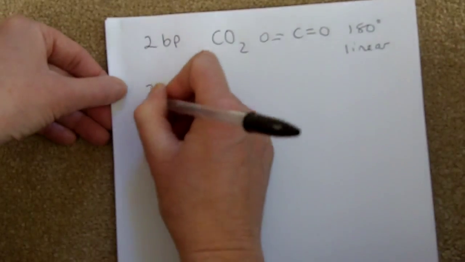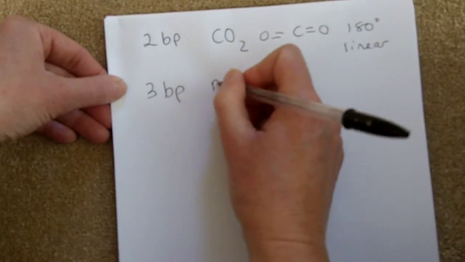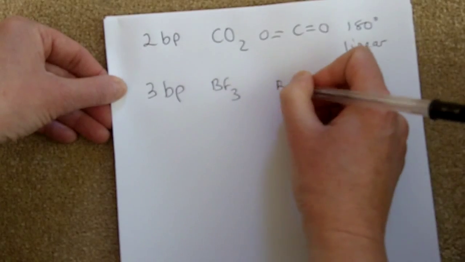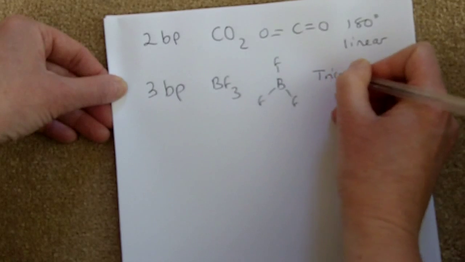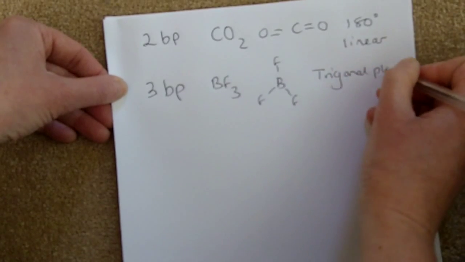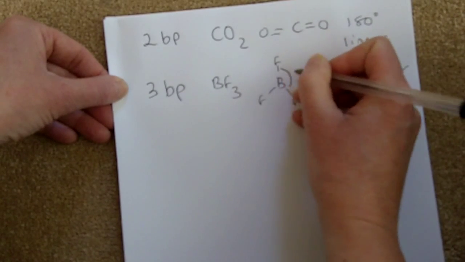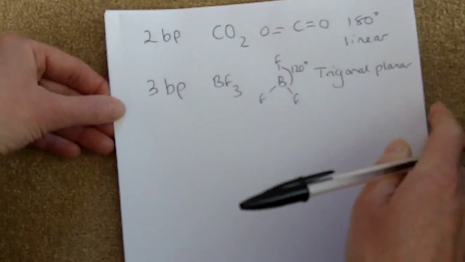Okay, if you've got 3 bond pairs, a good example is BF3, and that has the shape trigonal planar, and it has a bond angle between the bonds of 120 degrees.